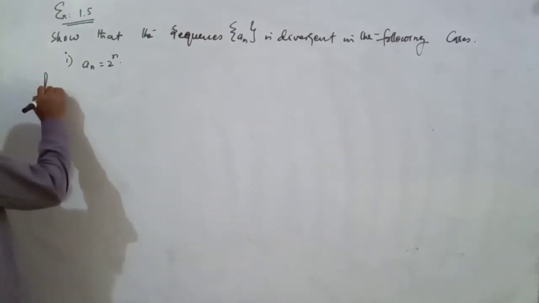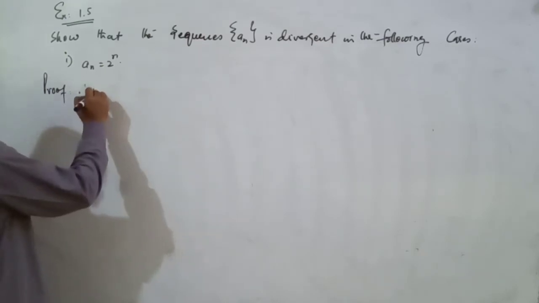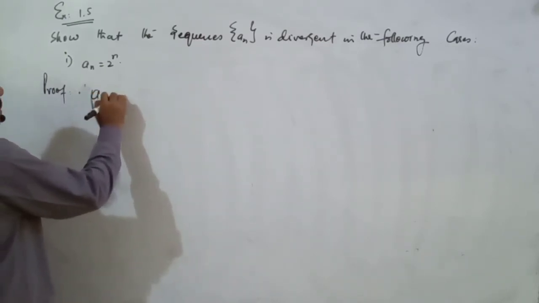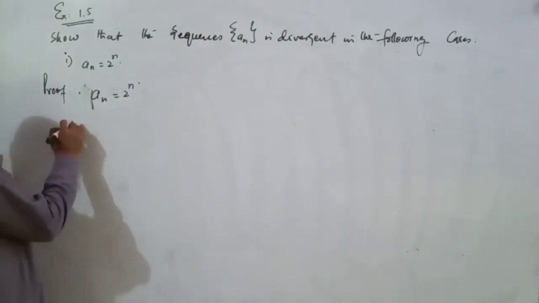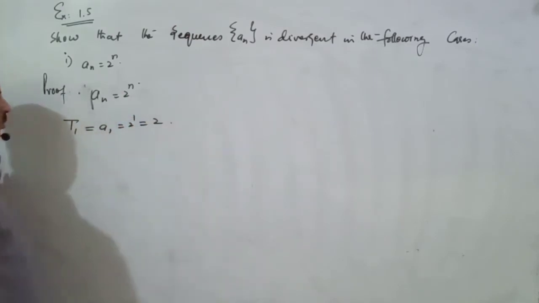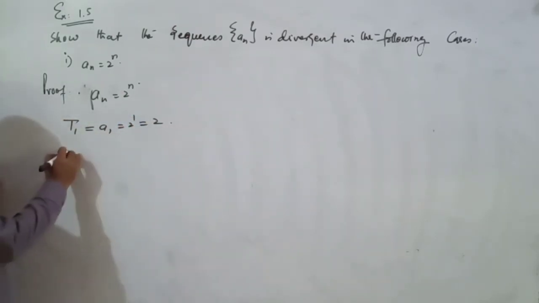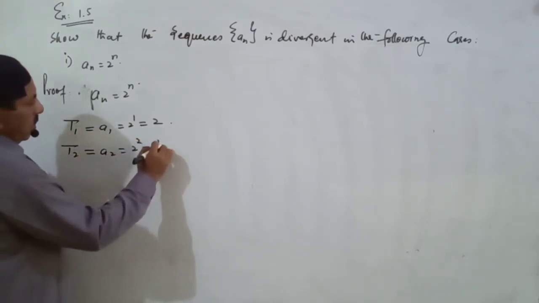Proof. An is given as 2 power n. So term 1 is a1 is equal to 2 power 1 is equal to 2. Term 2 is a2 is equal to 2 power 2 is equal to 4.